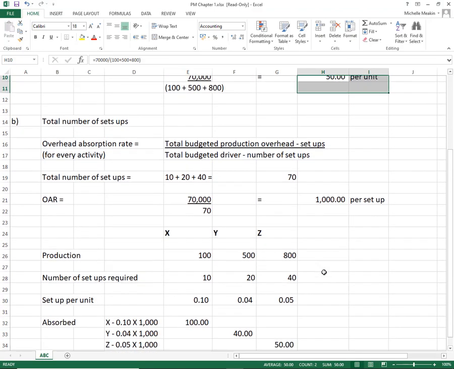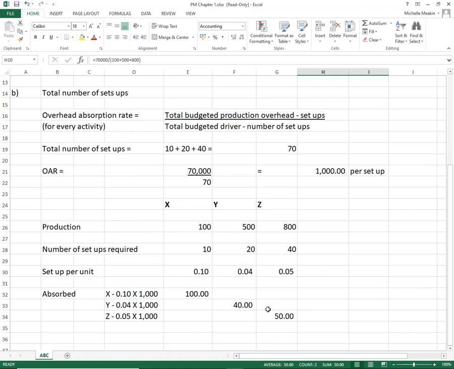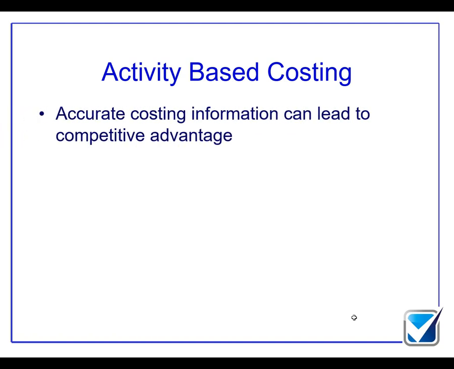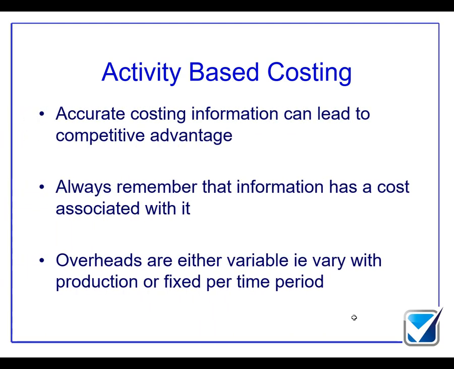Whereas using an ABC approach, you will see that we're actually allocating it to the product based on how much of that activity it undertakes. It is a fairer method to spread the cost and will help us understand the true price of our products. The fact we understand the true price of our product better can lead to competitive advantage against our direct competitors.